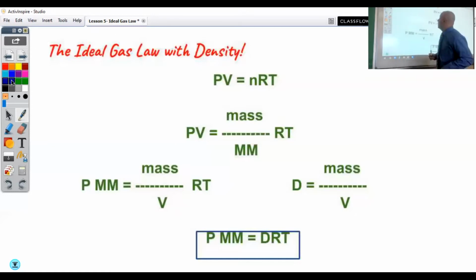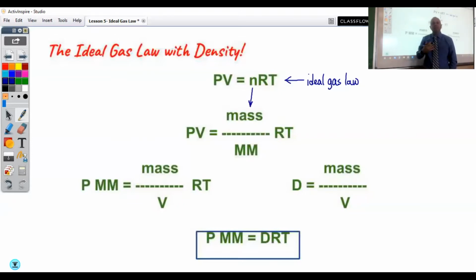So taking a look, we have pressure times volume is equal to moles times R times T. This is our original ideal gas law. What we're going to do today is modify it slightly by first taking a look at n.